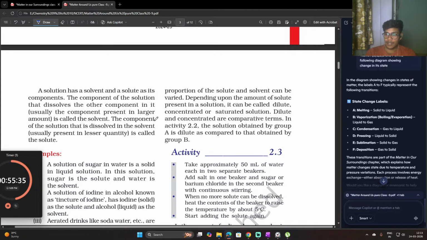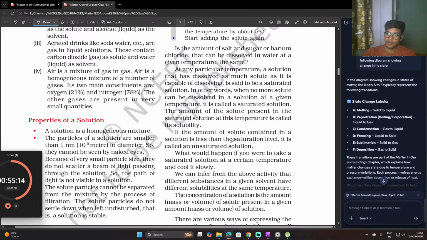It can be called a dilute, concentrated, or saturated solution. Dilute and concentrated are comparative terms. In activity 2.2, the solution obtained by group A is dilute as compared to that obtained by group B.